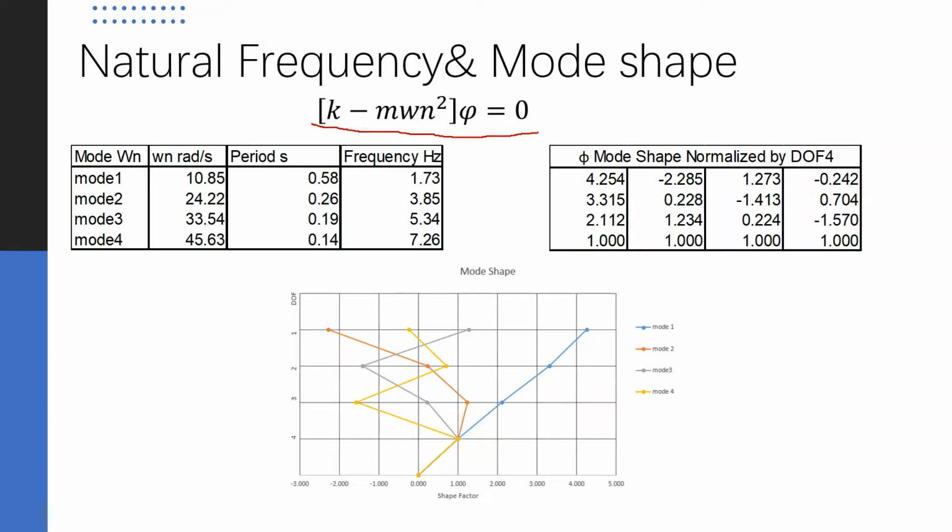Here the results are generated by MATLAB. The natural frequencies and mode shapes are listed on the slides as well. The figure shows how each mode moves at each degree of freedom. Because the participation factor is different for each mode, the maximum displacement for each mode is also different. The figure in the slides only shows the shape of each mode, but not to scale.